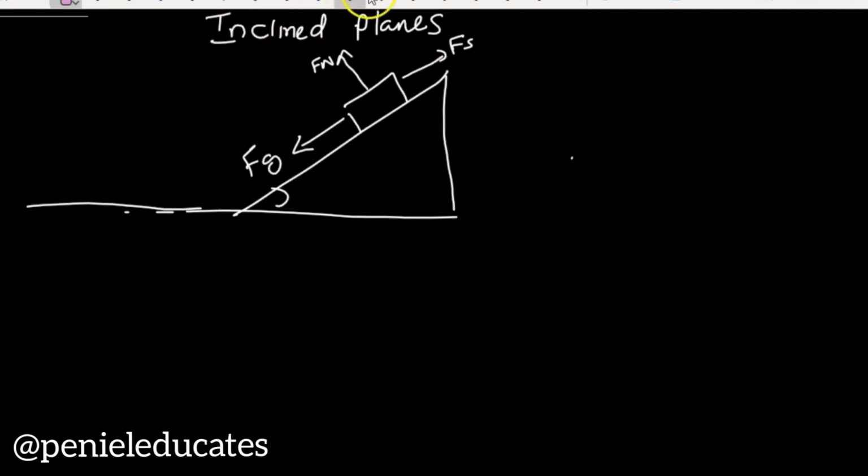So let's look at what point the block will slide. Don't forget I said once the Fg exceeds the Fs, which is the static friction, the block will slide. But at what critical point would it slide? At the critical point when you begin to experience sliding, Fg is equal to Fs.